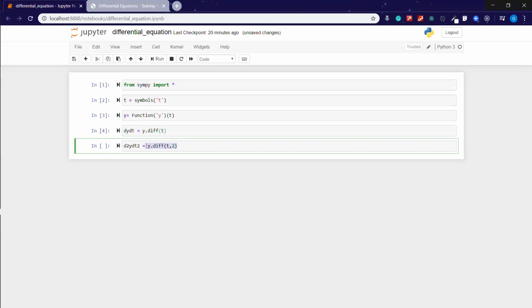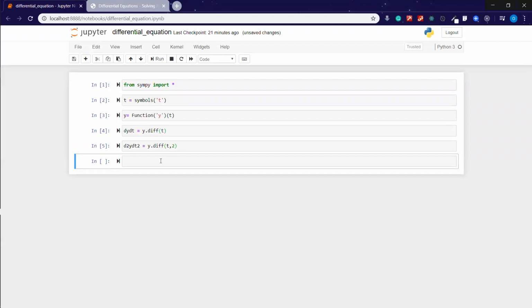So everything here is the same thing as d square y dt square, or y prime prime. You could also define it using double t here. It's basically the same thing. It means you're getting the second derivative of y with respect to t. Okay, so run that.